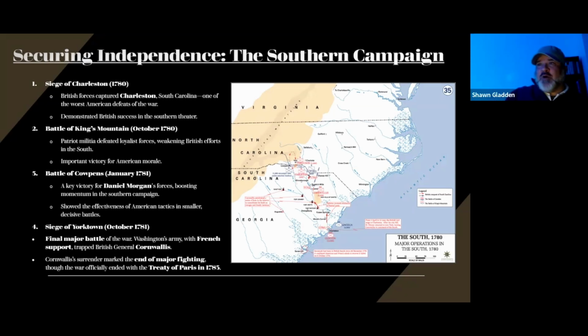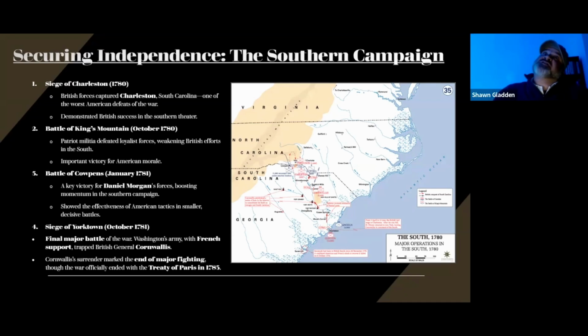Now, the follow up in October of 1780, the Battle of Kings Mountain was a decisive victory for the Patriot militia. They defeated a force of loyalists in the backcountry of South Carolina. Remember, one of the strategies coming down into the South was that the British could come down here with a regular army, but they could intersperse with loyalist militias who would be fighting on the British side.